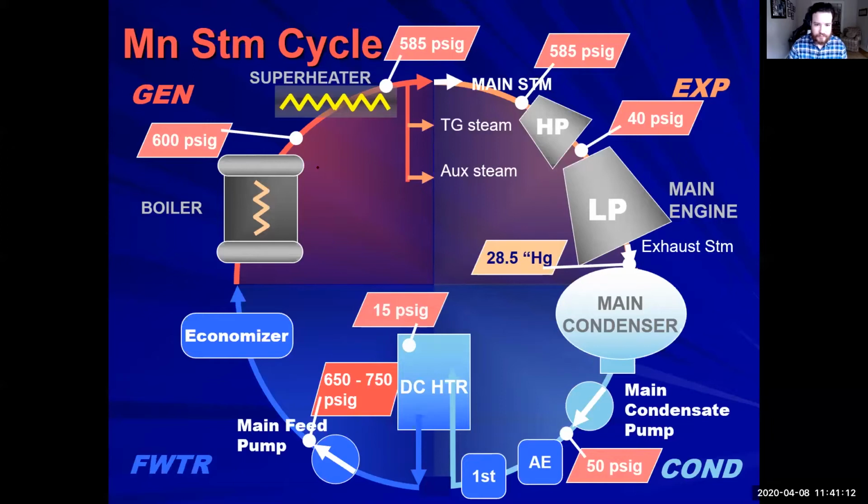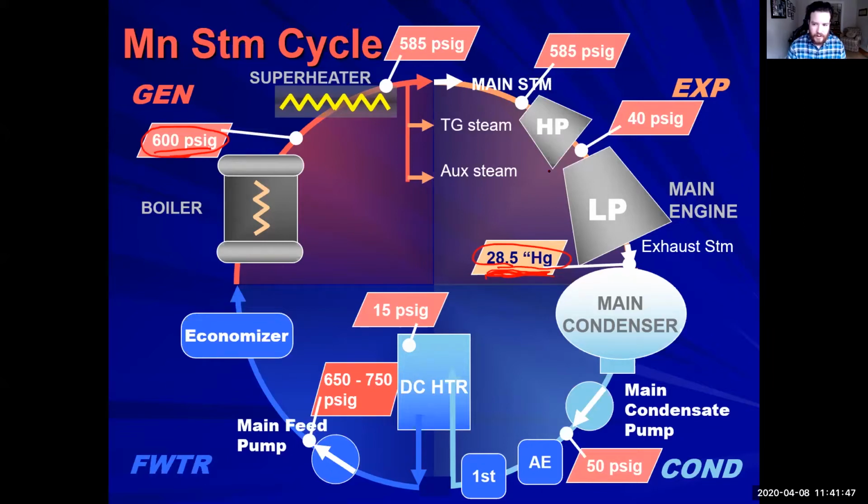We are creating 600-pound steam. But look what's happening on the other side of our high pressure and low pressure turbine. It goes into our main condenser, and we are at a near perfect vacuum. So not only are we pushing and utilizing a high pressure steam, but we are also creating a vacuum and sucking the steam through the cycle.